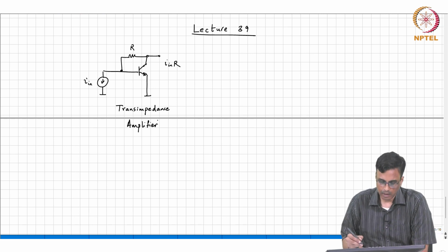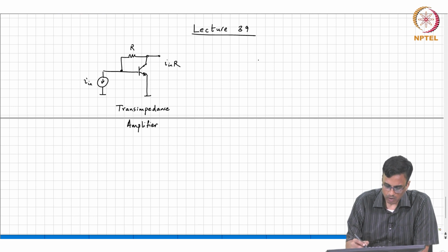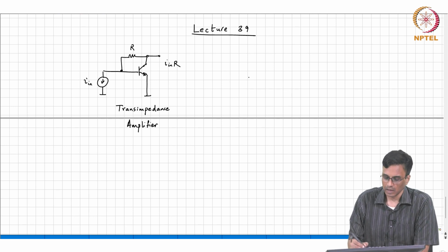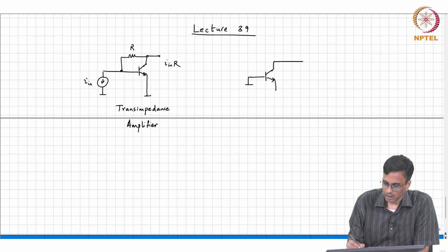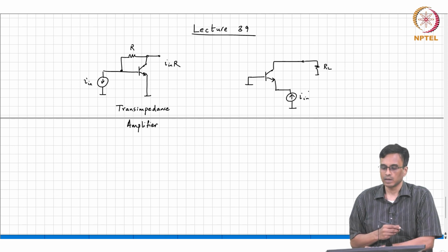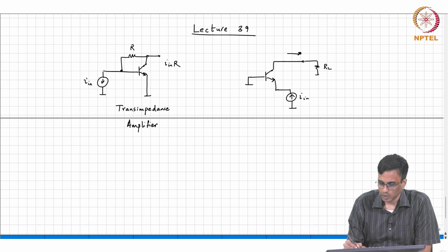And finally, we have the current controlled current source, and analogous to the common gate amplifier, we now call it the common base amplifier. This is the input current source, and what will be the output current?